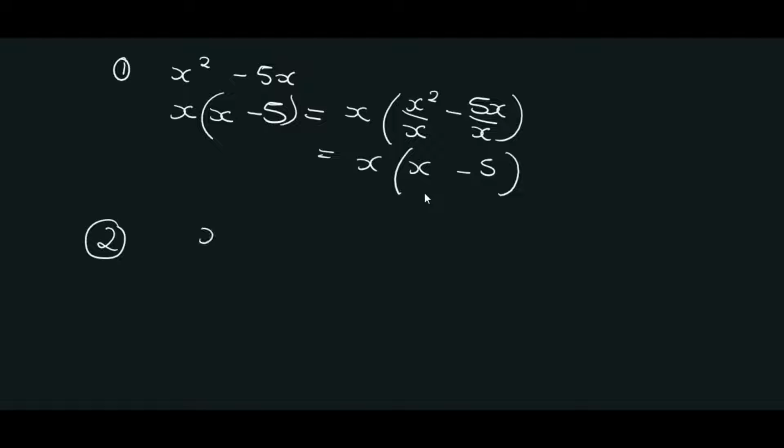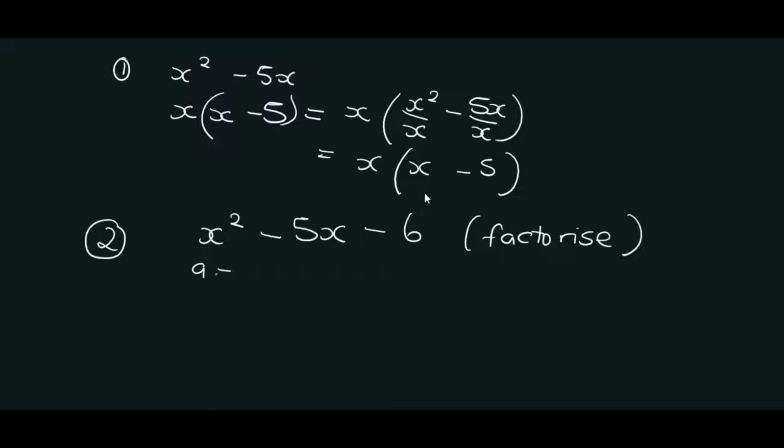We are given x squared minus 5x minus 6. How do we go about solving this expression? So the question says factorize. Okay, so how do we factorize? So we first find AC.